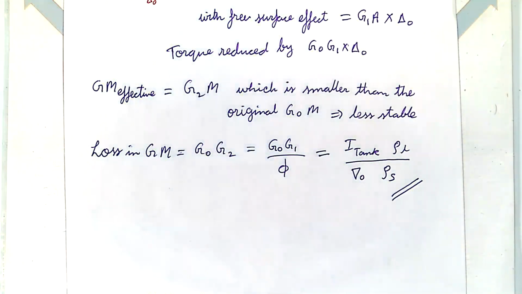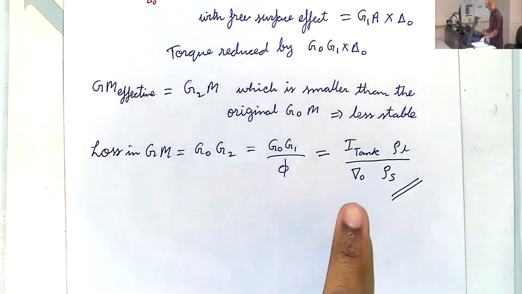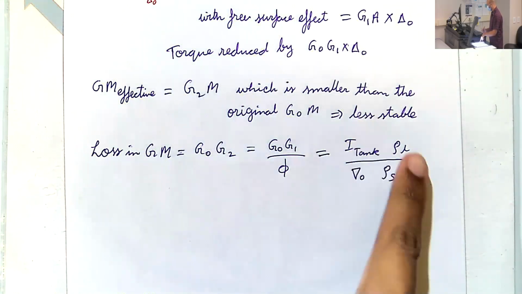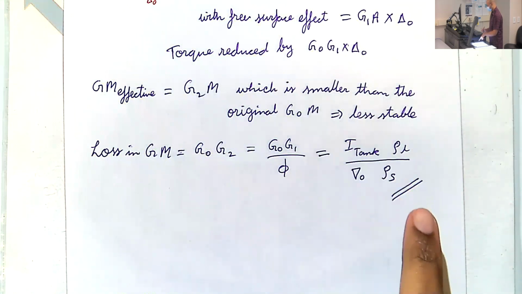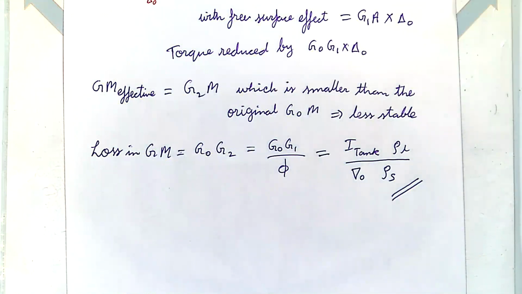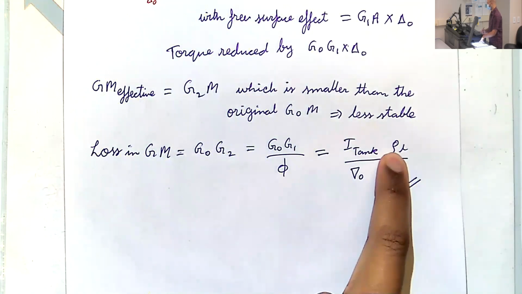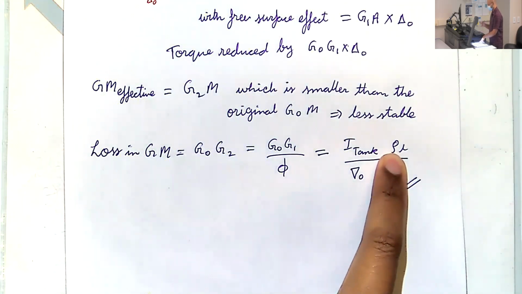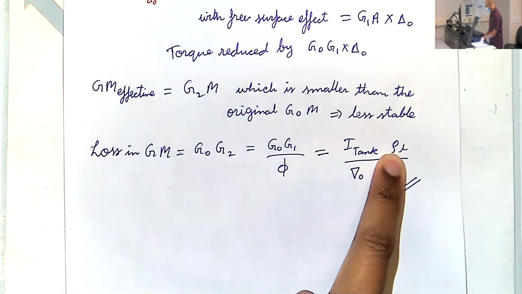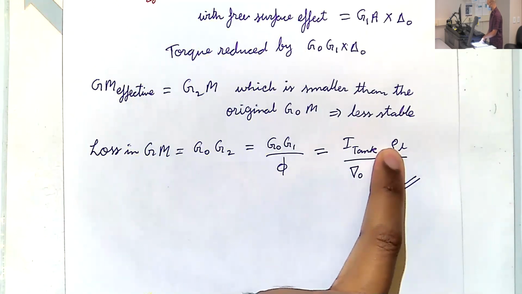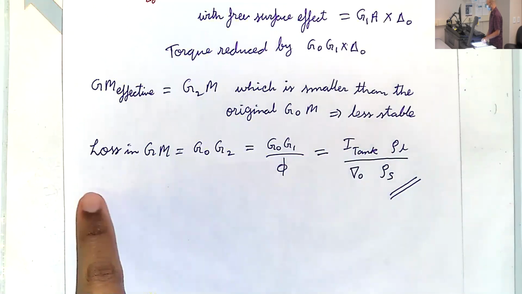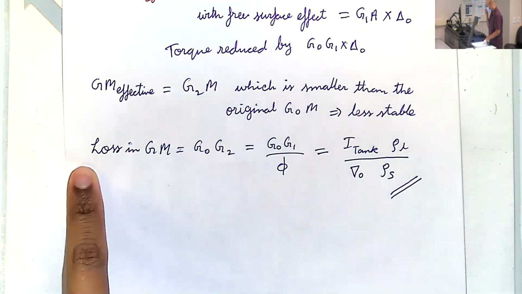It changes the center of gravity more. Yeah, and from the formula here on the right, can you point to one parameter? The rho on the top. Yeah, so if you have a very dense liquid, let's say liquid mercury, but don't transport it, that's toxic, so rho L value will be very, very high. So your loss in GM will be very high.